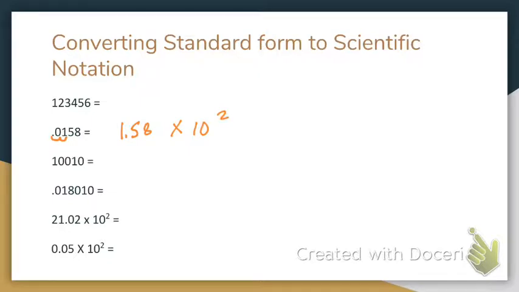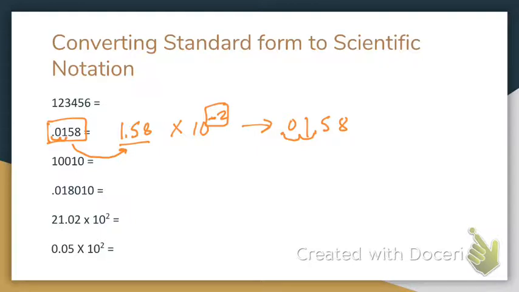Now I have to figure out, is it going to be a -2 or +2? I notice that this number is smaller than this number. The fact that it's smaller makes it negative. I check my answer, 1.58. I have a negative exponent, so I'm going to move it this way. And this was the original number. Okay.